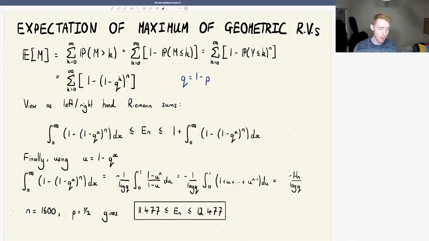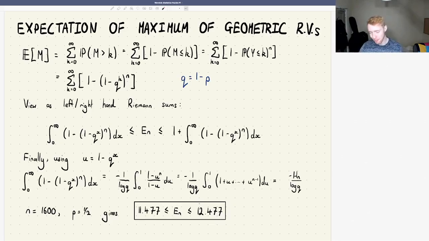In our example, we have n is 1,600, p is a half. This integral comes to be 11.477 and some decimal places. So our expectation is between that and 1 plus that. So it's going to be between 11.477 and 12.477. And we only want this to the nearest integer, so it's pretty safe to say that it's going to be rounded to 12.